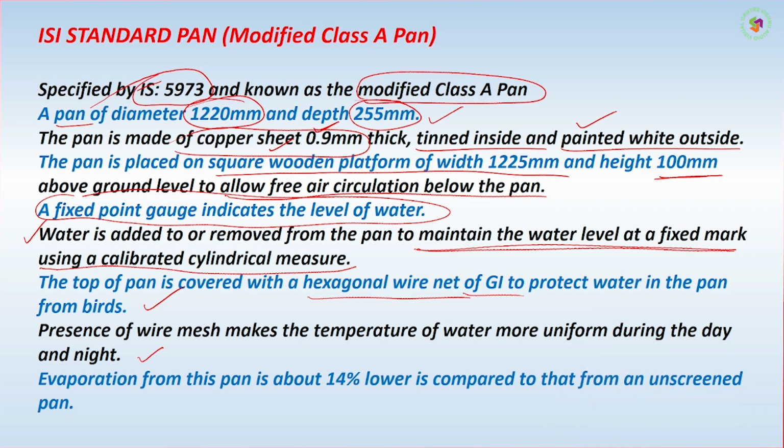We need to apply some coefficient to get the original evaporation. So that's why whatever the evaporation pan gives, that will be 14% less compared to the original evaporation. Naturally, the evaporation pans always give lower, about 14% lower compared to that from an unscreened pan actually. So this we will take it up.